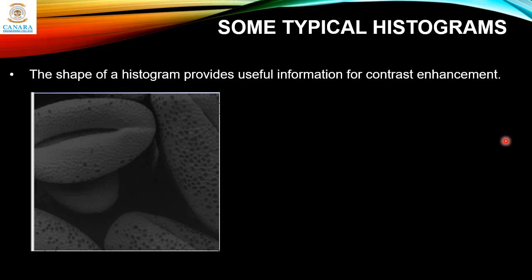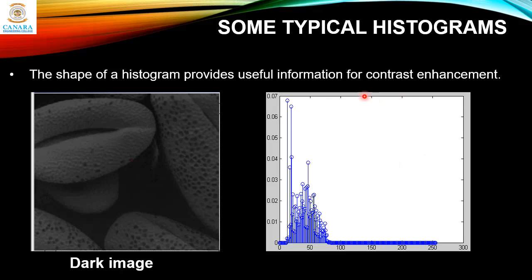So this is the image, and by looking at the image, you can tell that it is not clear, and it's basically a dark image. It's darker, and there is minimal difference between the foreground and the background. Its histogram will look like this one.